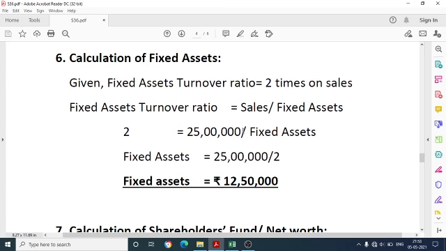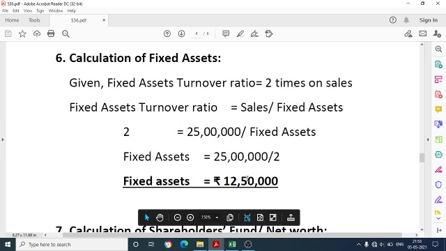If you solve this equation mathematically, fixed asset is equal to 25 lakh upon 2. So that will give you 12 lakh 50,000 worth fixed assets.